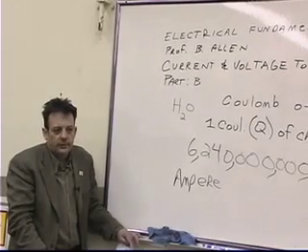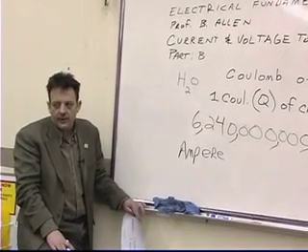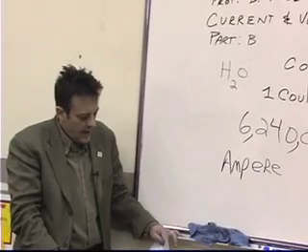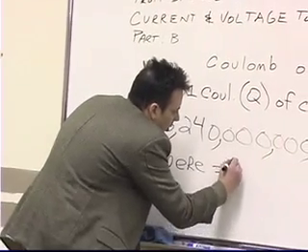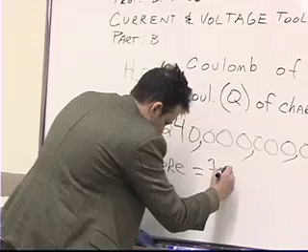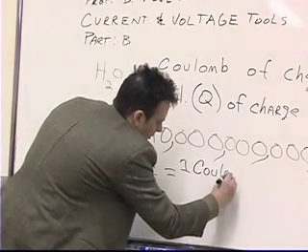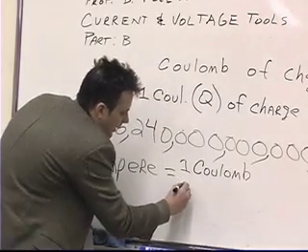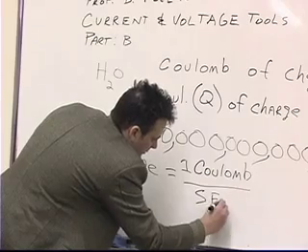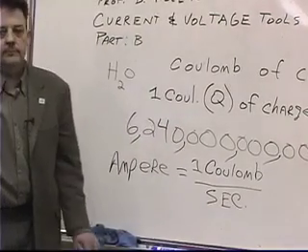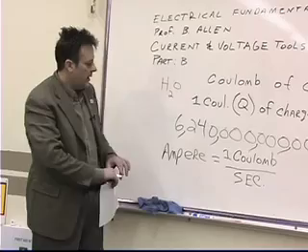So when somebody says there's 10 amps flowing, the longhand definition of amp is ampere. 1 ampere is equal to 1 coulomb per second.